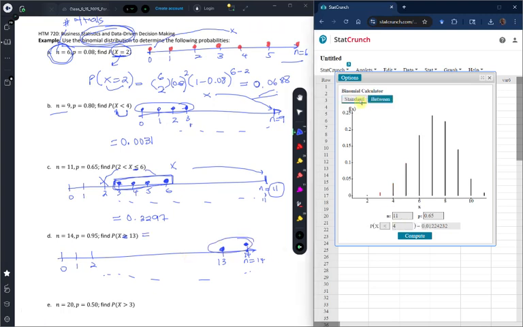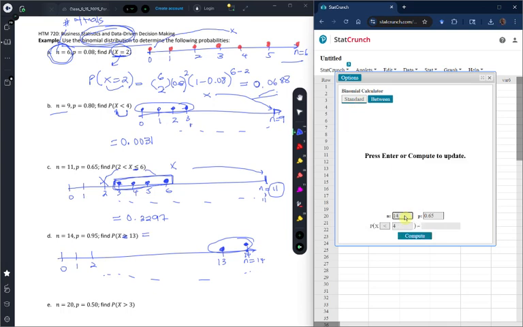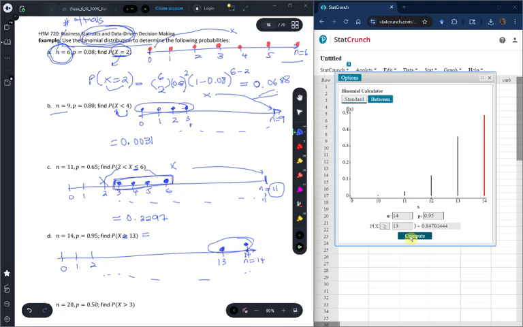I'll switch back to standard, and I want 14, probability 0.95, and greater than or equal to 13. Let's compute that. That gives us 0.8470.